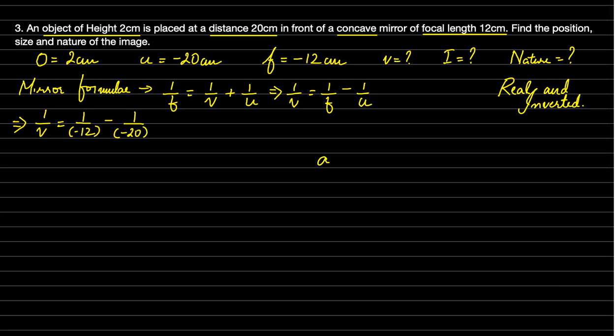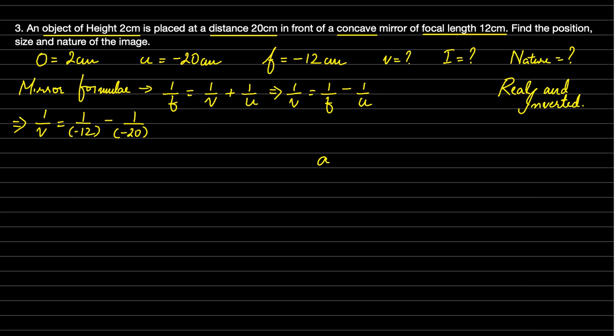So what we are getting here is minus 5 plus 3, which gives us minus 2 divided by 60. Now if I cancel numerator and denominator by 2, I get minus 1 by 30. So I have got 1 by v is equal to minus 1 by 30. So v will be equal to minus 30 centimeters.